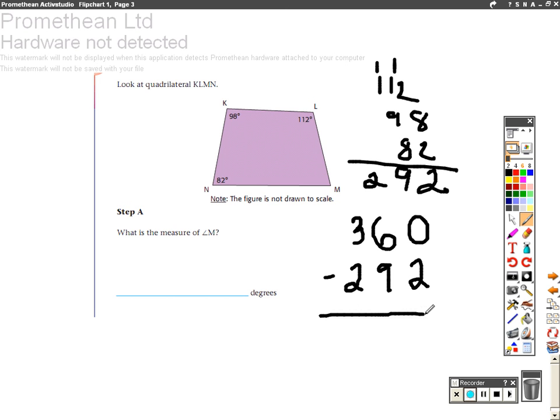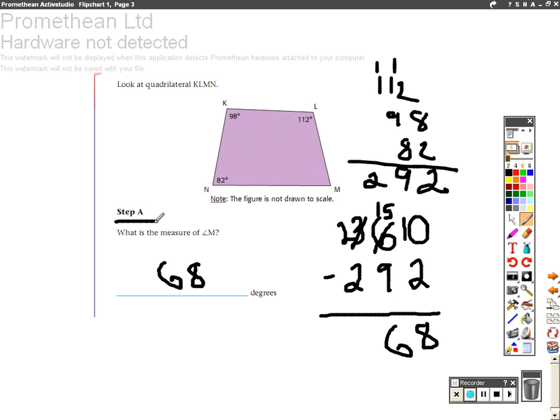And when I subtract, 0 minus 2 I can't do, so I need to borrow. So this is a 5. This becomes 10. 10 minus 2 is 8. 5 minus 9 I can't do, so I need to borrow. That becomes a 2. This becomes 15. 15 minus 9 is 6. And 2 minus 2 is 0. Therefore, the answer is 68 degrees.